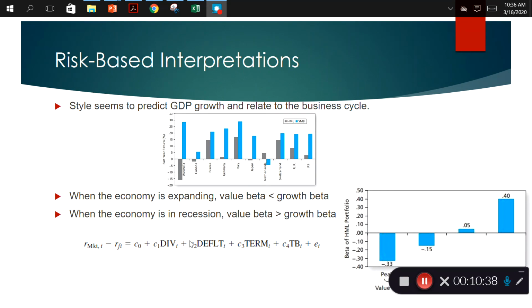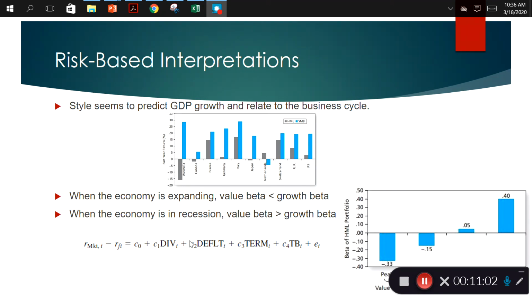That's the model that they estimated, and they support the notion of a counter-cyclical value beta, meaning that the beta of an HML portfolio is negative in good economic times, so that the beta of high-value firms, high market-to-book, is less than that of growth firms. Growth firms have low book-to-market. But the reverse is true in recessions.